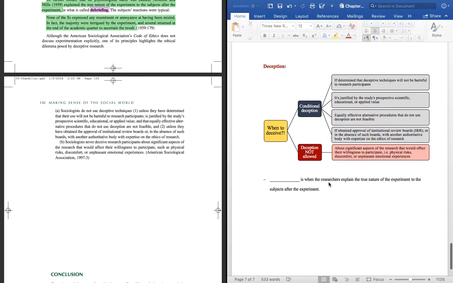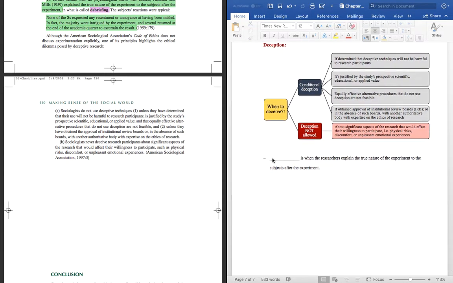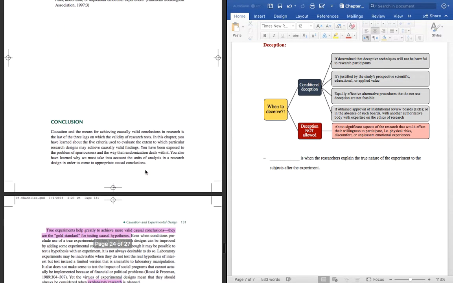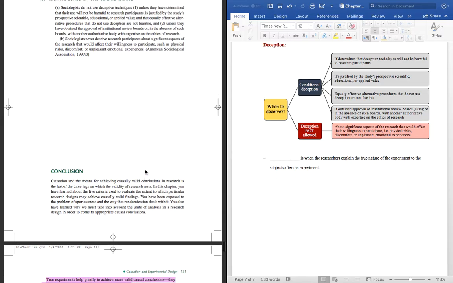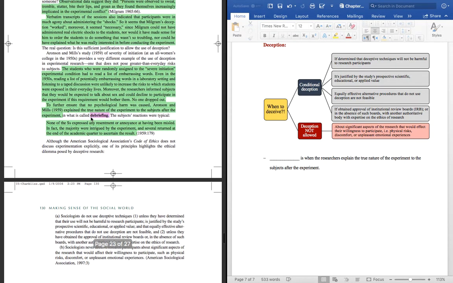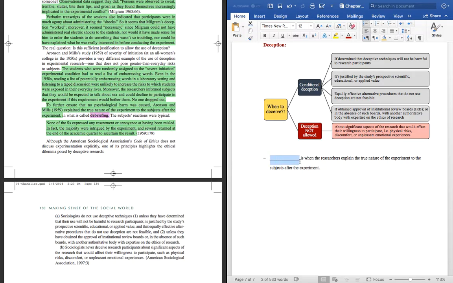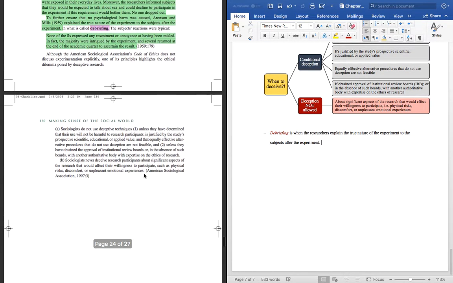So we should not deceive participants about those. And then at the end of our experiment, if we deceive our participants in any way, we need to debrief the participants, meaning that we need to explain the true nature of the experiment to the subject after the experiment is done.